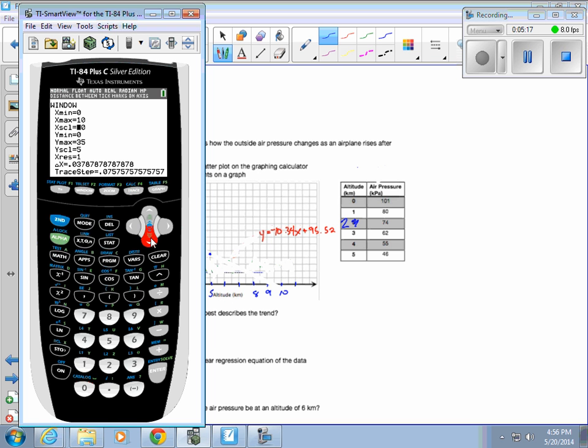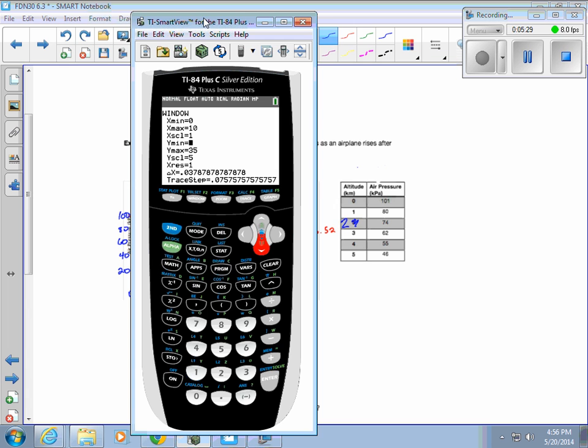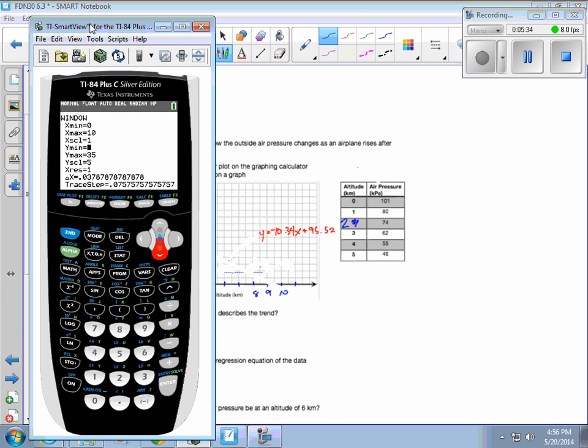X scale, might as well go up by 1s. Y minimum, I did start at 0, so we'll go from 0 up to, let's say, 120, and go up by 20s.